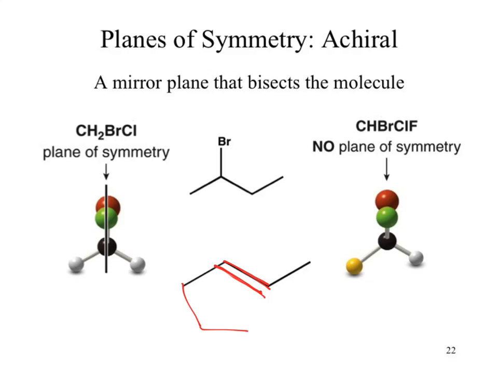Because now when we go through and look at this, do we have 4 distinguishable groups around that center carbon? Okay. We've got a CH3, an H, a CH2, and a CH. Are those all distinguishable?